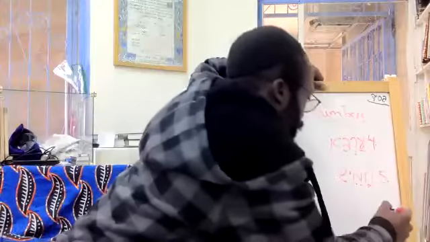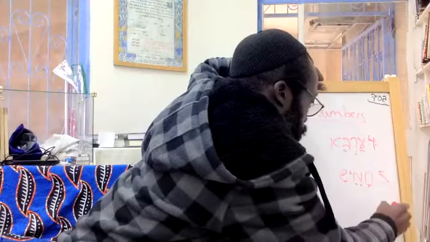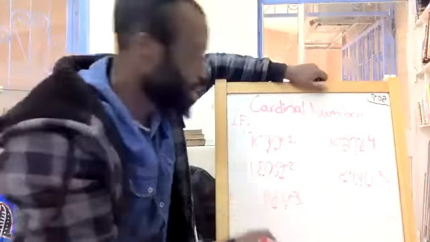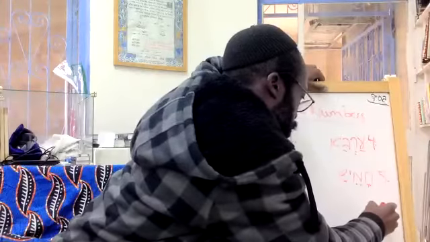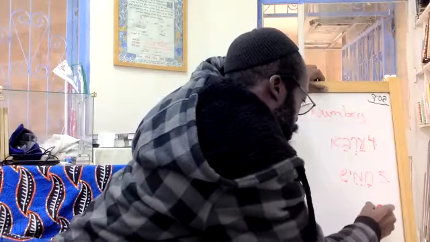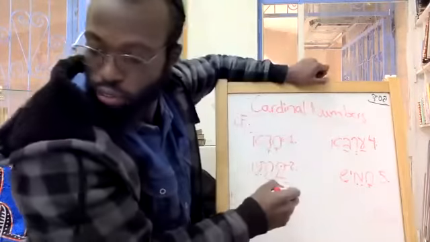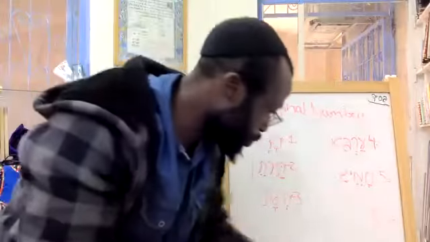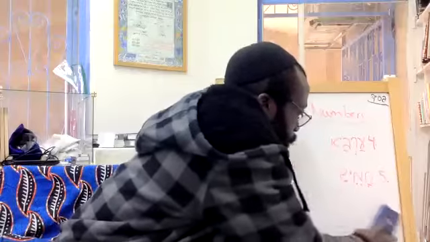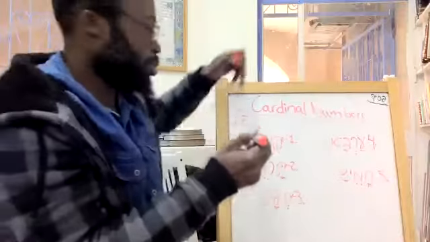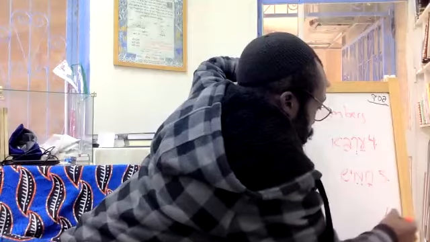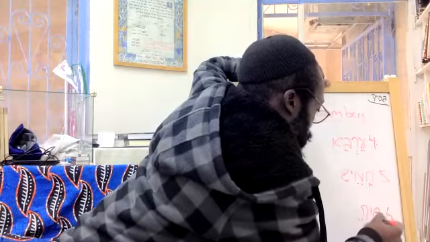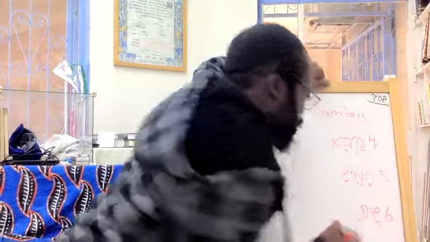Okay? 6. 6 is Shet, which is very similar to what we saw before. Shita. Okay? In feminine, it's Shet. Shet. 6.